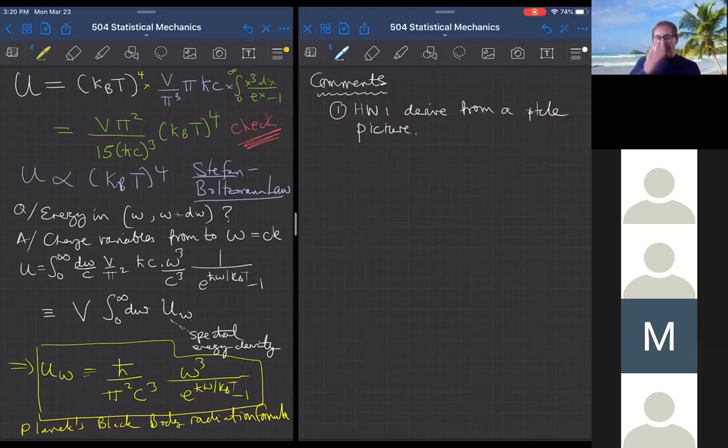Here we've been talking about electromagnetic waves as electromagnetic waves, but you can also derive these formulae from thinking about photons. And so that's what I call the particle picture. And so you can derive this from the grand canonical distribution. And so that's something that you'll be able to do in the homework.